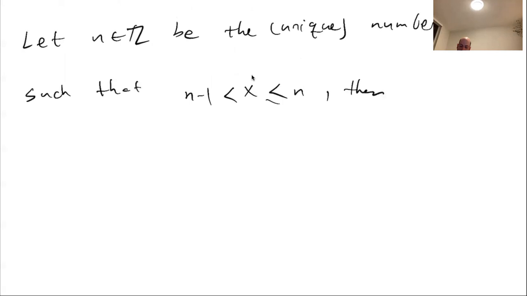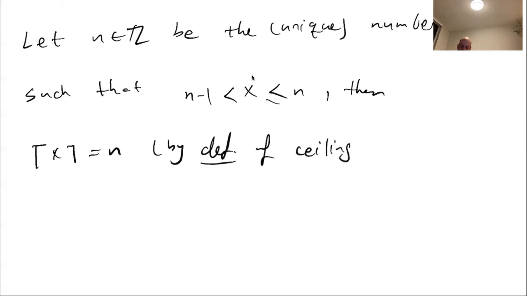Then the ceiling of x would be equal to n by definition of ceiling, right? That was exactly the definition of ceiling, that if x is between n and n minus 1, then the ceiling would be defined as n.